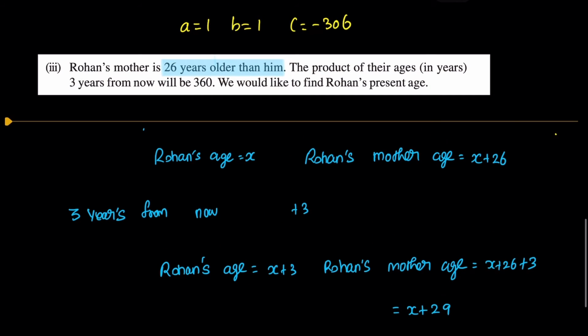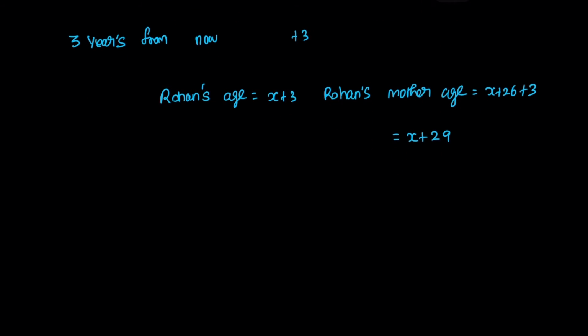Then the product value is 360. Now x plus 3 and x plus 29 is equal to 360.